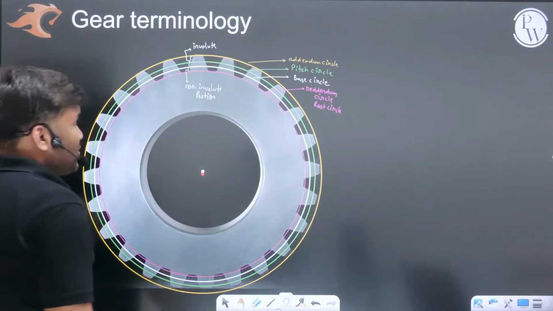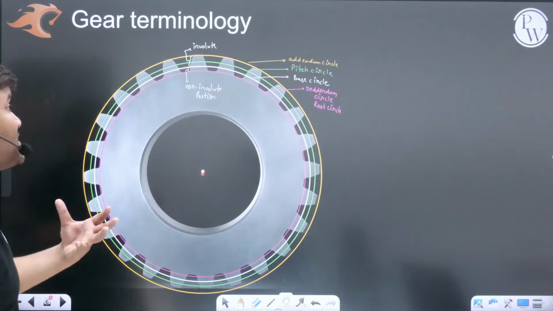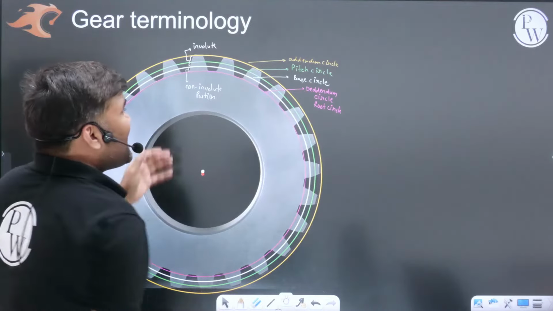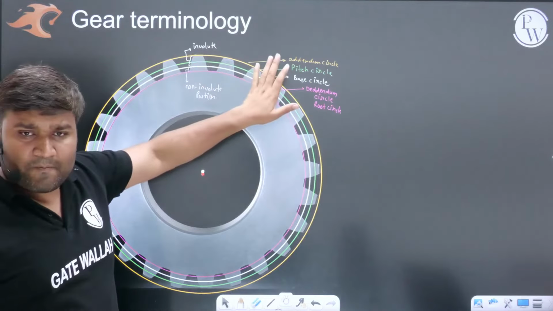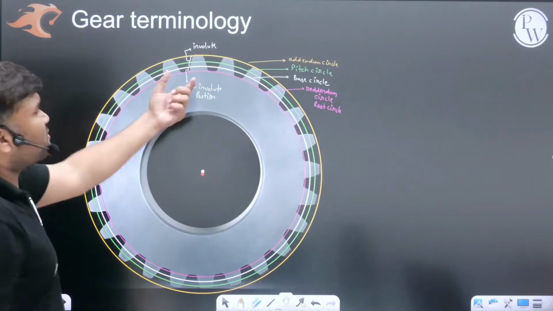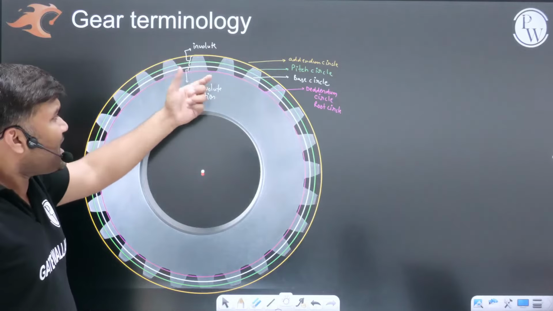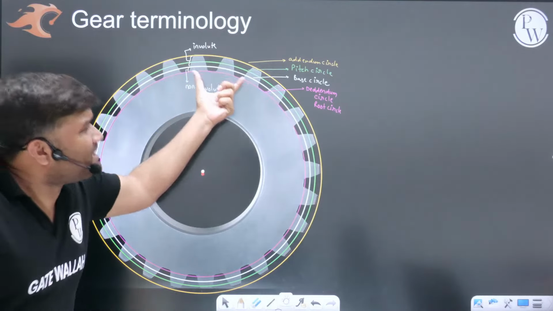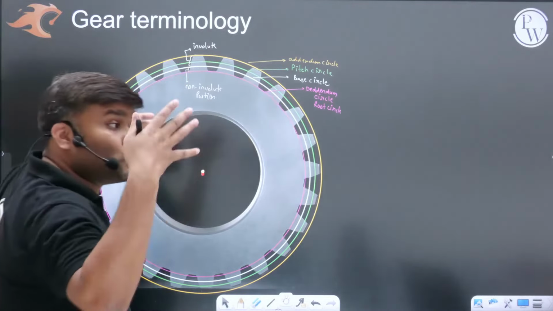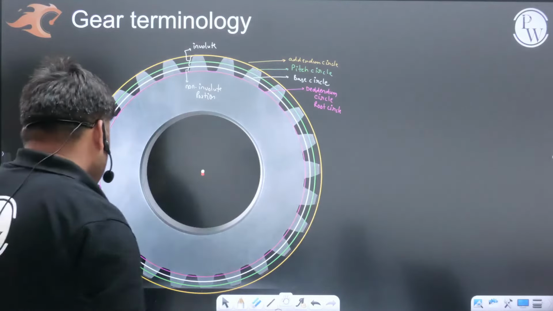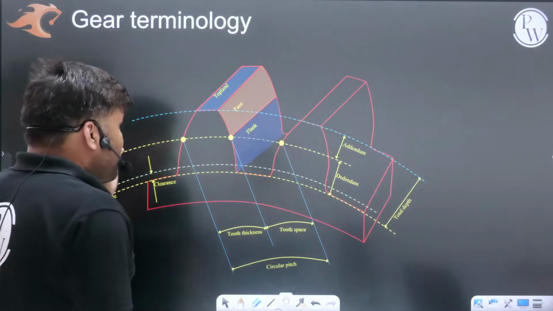Okay, there are certain terms which we must know. In this entire gear, I have drawn only circles. To know the terms which we are going to follow here, I will take a very small portion, only 2-3 teeth, in a zoomed diagram where I will show you certain key important points.